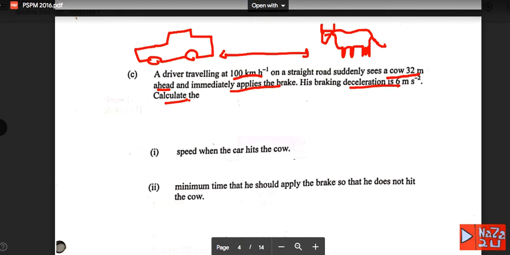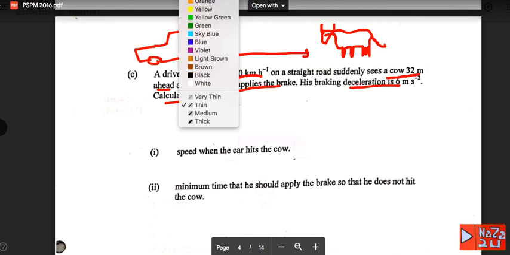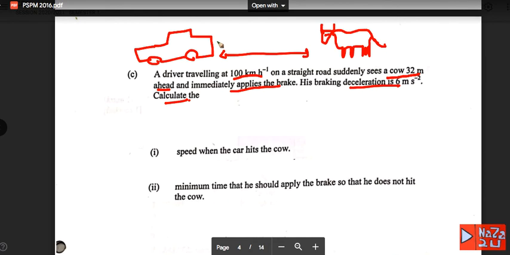So you can see the distance here from the car that is moving with u equal to 100 km per hour, and the distance here is 32 meters, from the car to the other car.